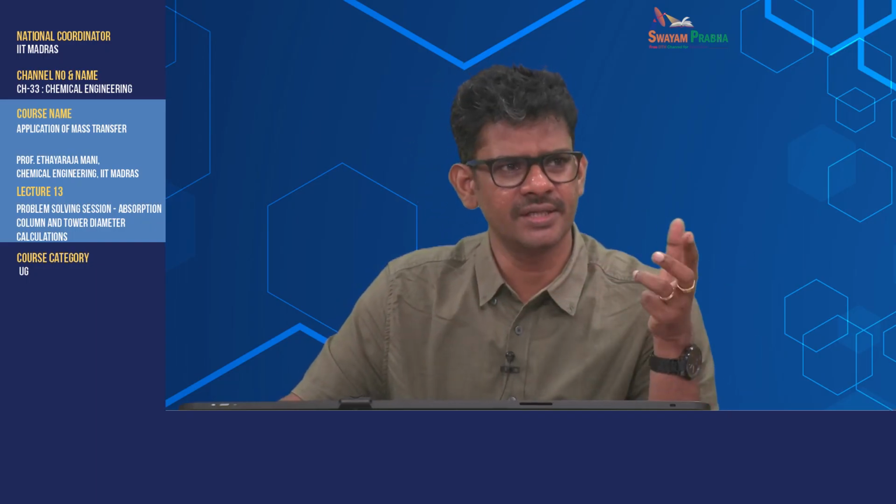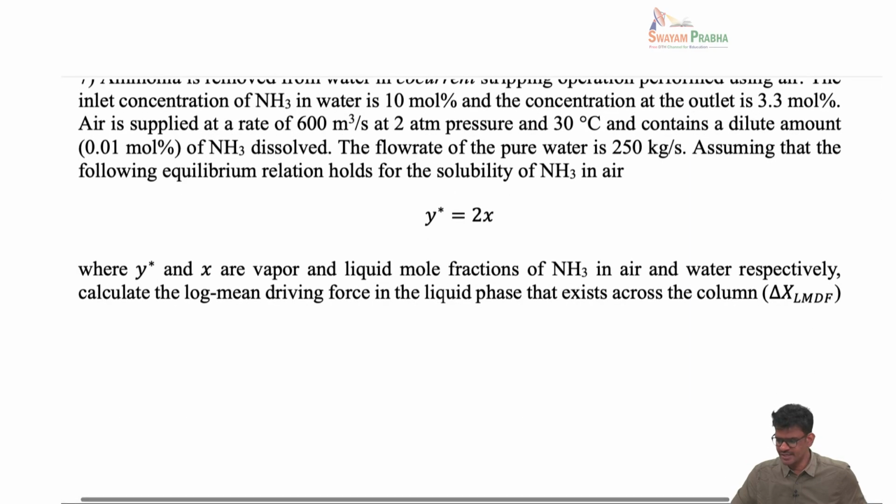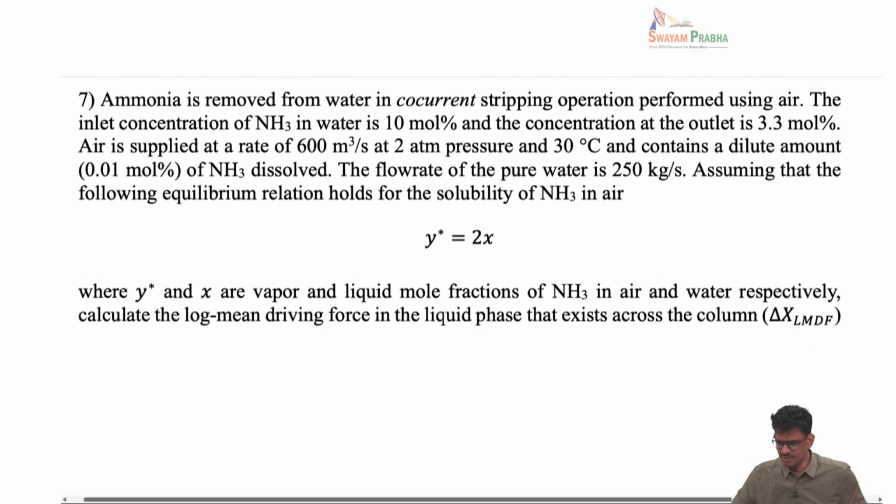Whereas in counter current, you can keep the driving force pretty much uniform across the equipment. That's why we often go for counter current, so that the driving force is almost equal and the mass transfer rate is equal throughout the equipment. This problem tries to illustrate that principle a little bit more.